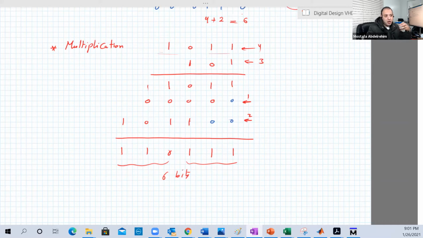So we need to find a better way to do the subtraction, something very easy like the addition. This is what we're gonna do in the next short video. We're gonna learn another representation for numbers, and this representation can help us do the subtraction in a very easy way. So see you in the next video.